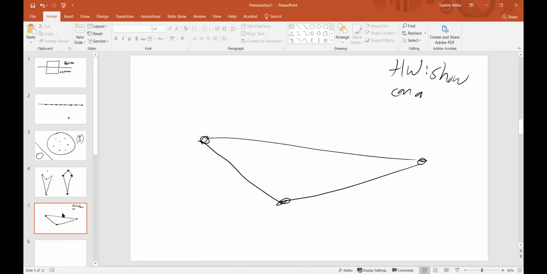Show you can always find a circle for a triangle. And can we assume the triangle is not degenerate? Yes. So we will assume the triangle is not a line.